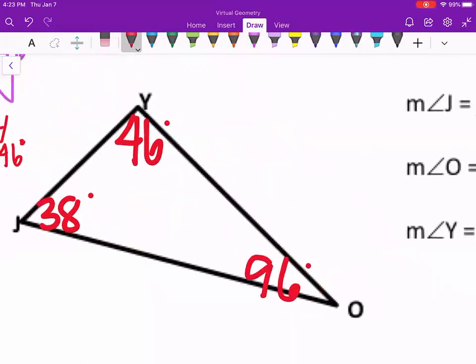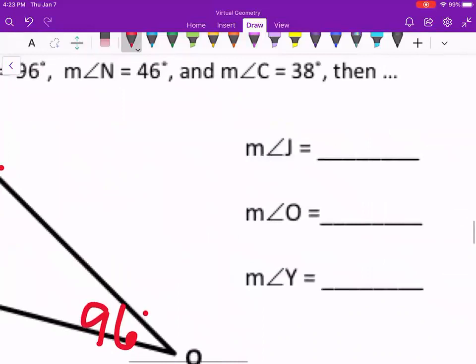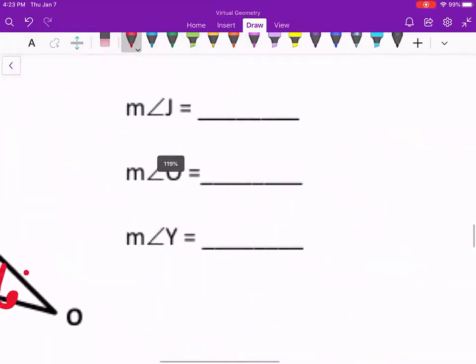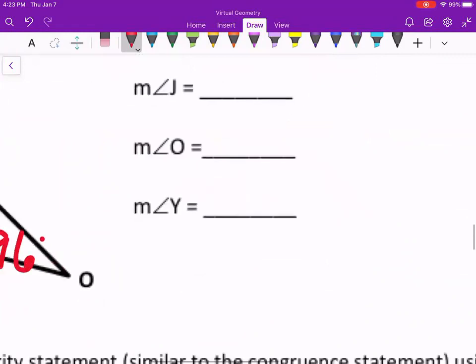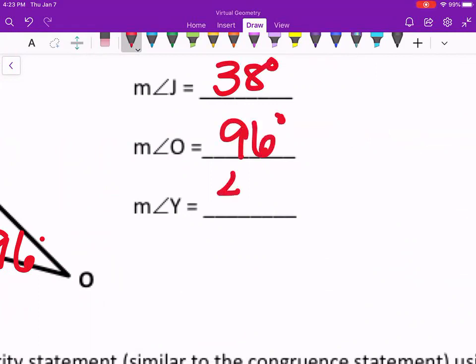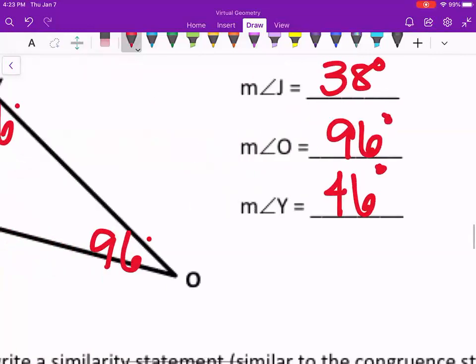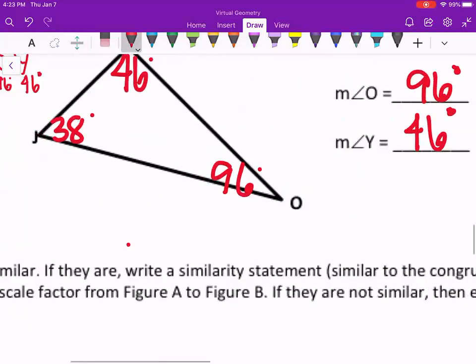But again, not drawn to scale means it's just an example, and the numbers may not match if you actually measure it. So J was 38, O was 96, and then 46 for angle Y. That's using your similar figures, because remember the angles are identical.